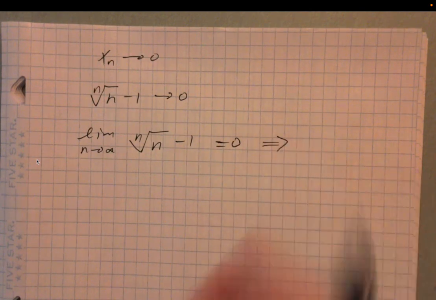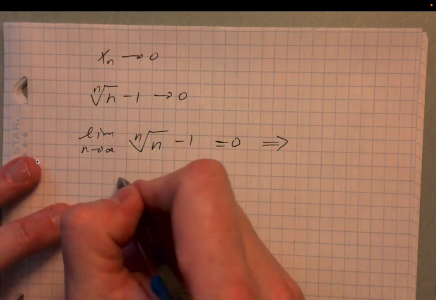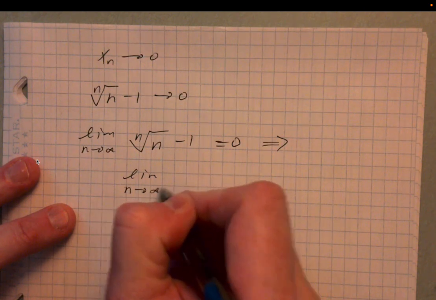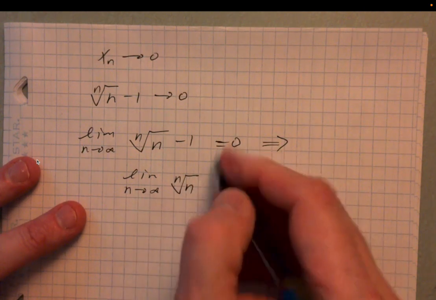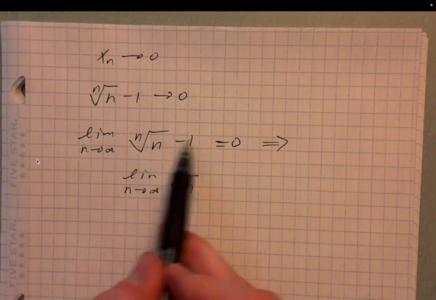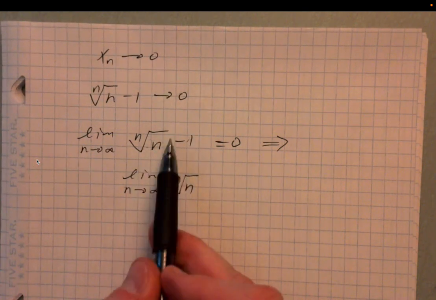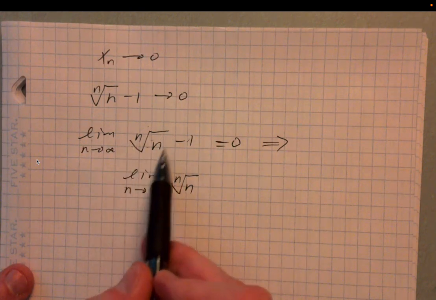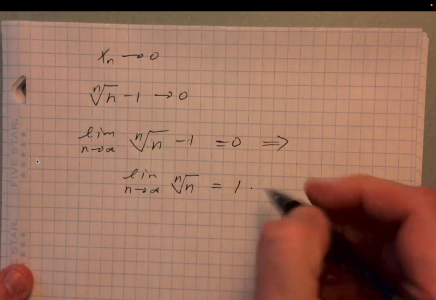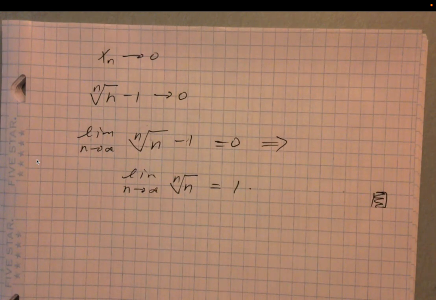And so the obvious implication is that if this difference goes to 0, then the nth root of n must go to 1, right? And that's exactly what we were trying to show. Okay, so the limit as n goes to infinity of the nth root of n is equal to 1. And so that's the proof of part 3.